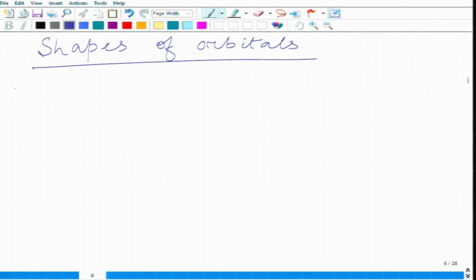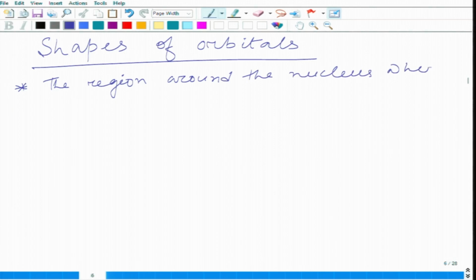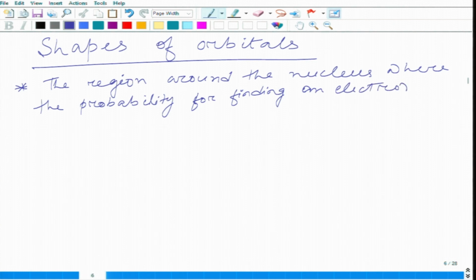So, first of all, the region around the nucleus where the probability for finding an electron is maximum is called an orbital, right?